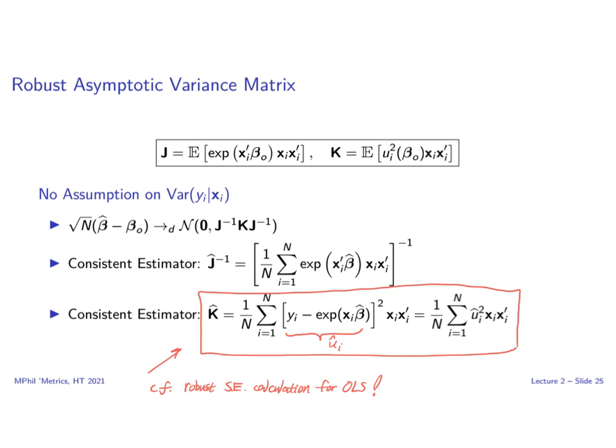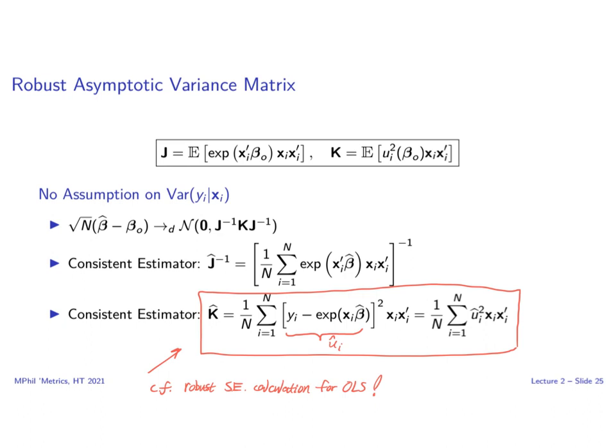It does not place any restriction on the conditional variance of y given x, and as the sample size goes to infinity, we will obtain a consistent estimator of the asymptotic variance-covariance matrix, no matter what the true data-generating process might have been. It doesn't matter if the Poisson assumption holds. It doesn't matter if the quasi-Poisson assumption holds. Anything goes. It's still going to work.